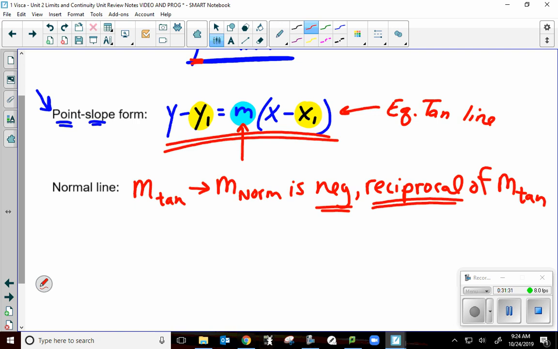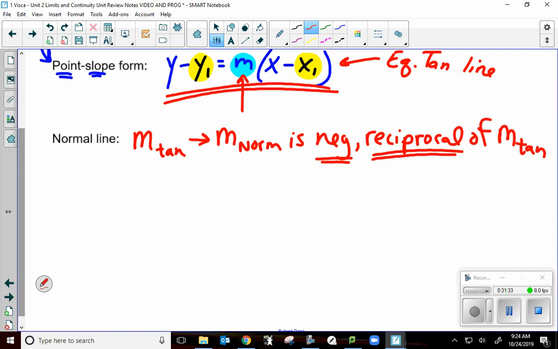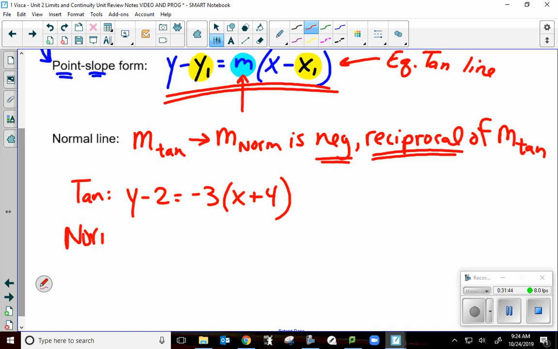So let's say I have a tangent line that's y minus 2 equals negative 3 times x plus 4. The equation of my normal line, everything's the same. y minus 2 equals, I still got x plus 4.